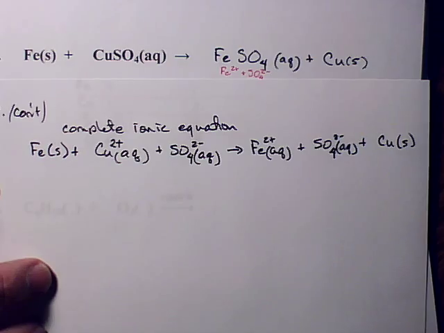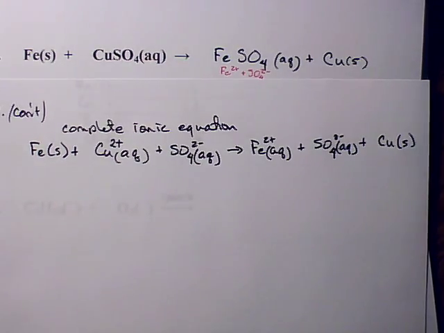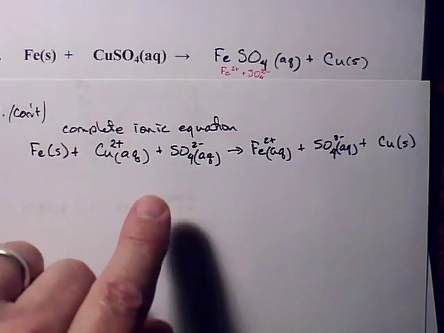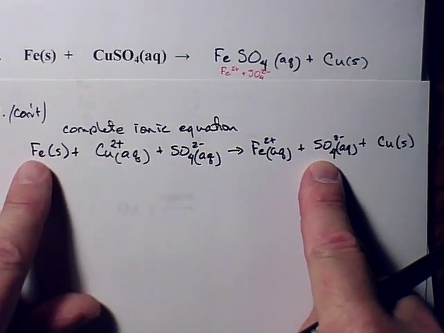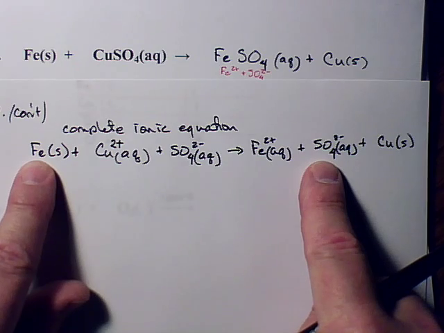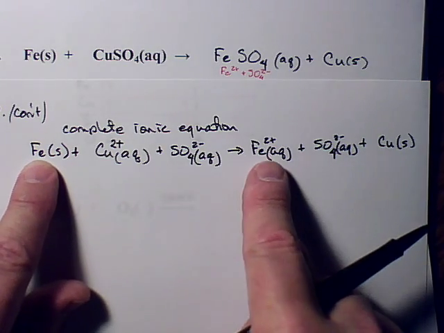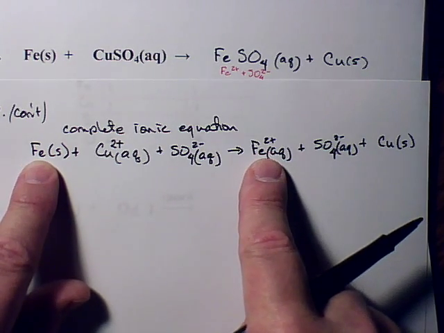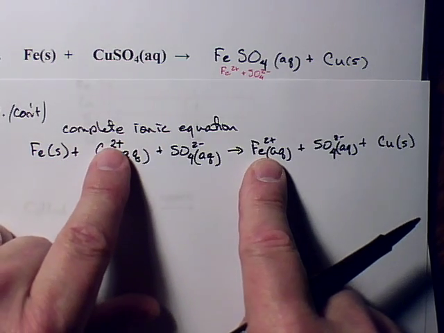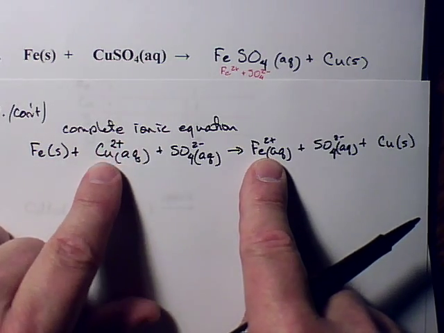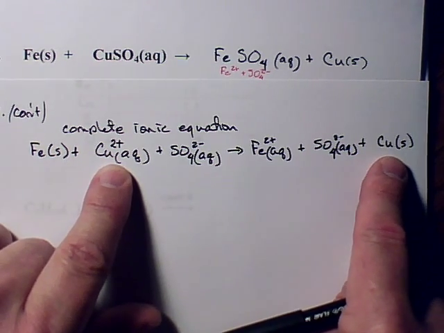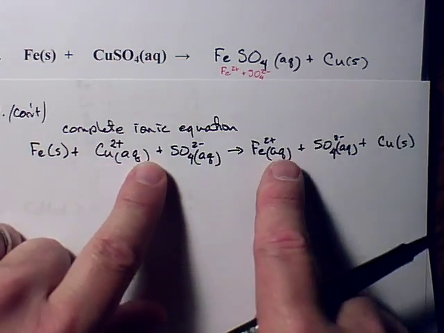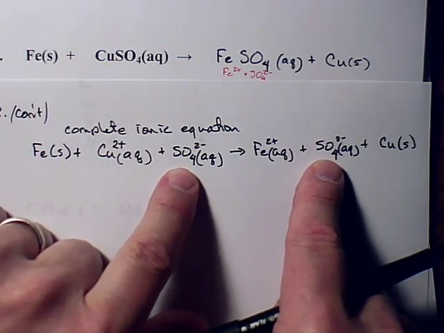All right, so what we're going to do now is get rid of the spectators, the things that stay exactly the same on both sides. The only thing that stays exactly the same on both sides is the sulfate. The iron changes from solid with no charge to aqueous with a 2 plus charge. The copper changes from a copper 2 ion that's dissolved in water to a copper solid that has no charge at all, that's not dissolved in water. So those have to remain, only this one stays exactly the same.